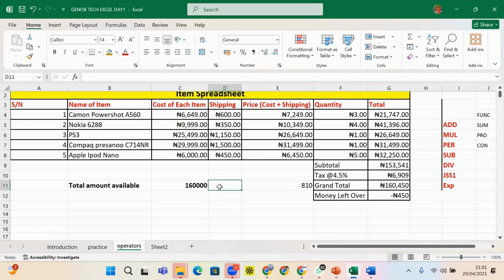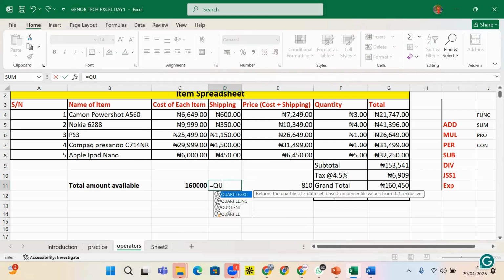add the interquartile range, the first quartile and the third quartile, right? So we get the minimum, the first quartile, the average, the third quartile, and the maximum. If I want to know how far these numbers are spread, I will have to check for equal to quartile.